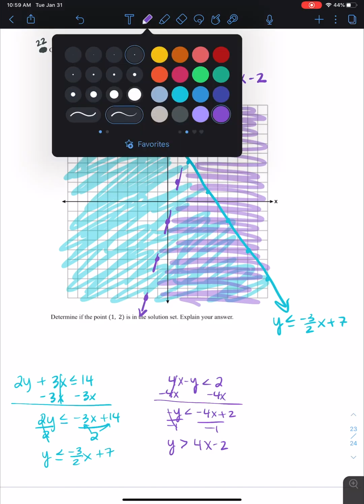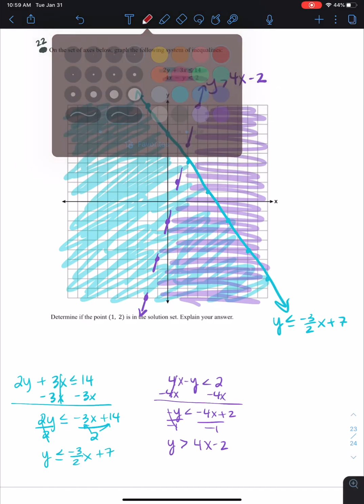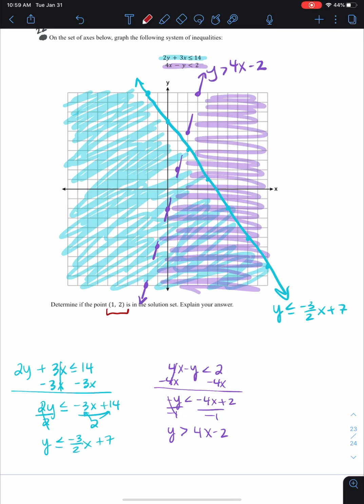The question is asking us to see if the point (1, 2) is in the solution set. So let's look at the point (1, 2). It is on the dotted purple line. The dotted line is not inclusive; it does not include that value.